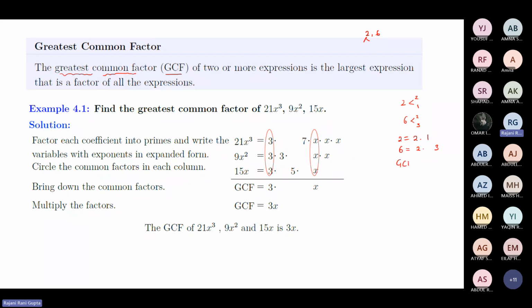So the greatest common factor will be this 2. Okay, so we did this with the numbers earlier.